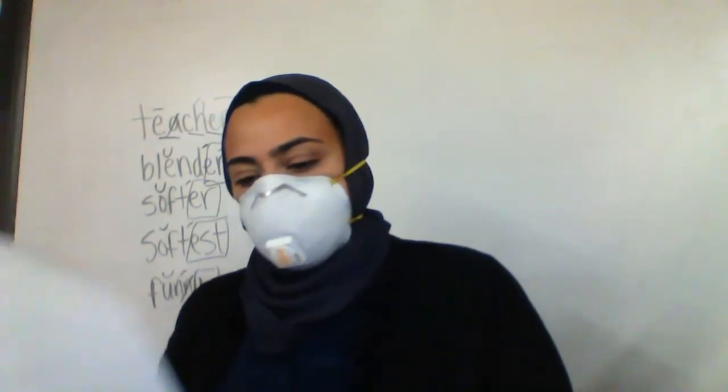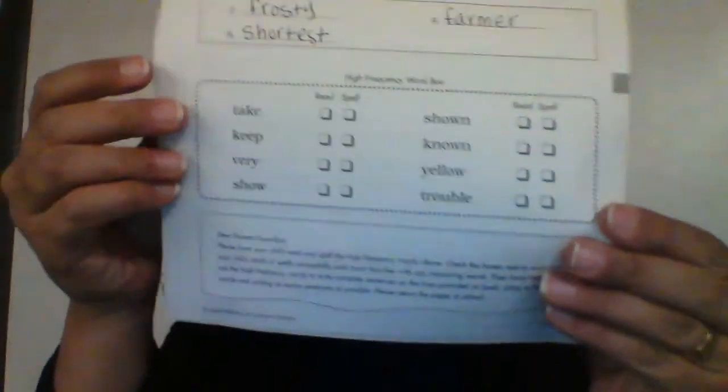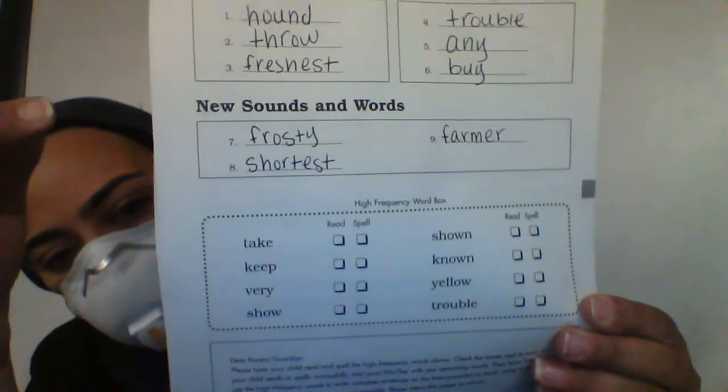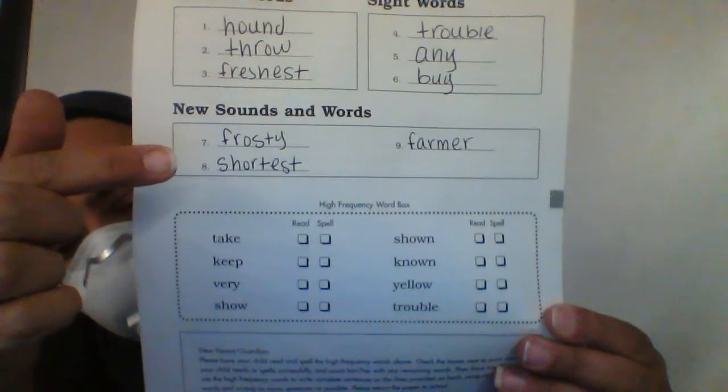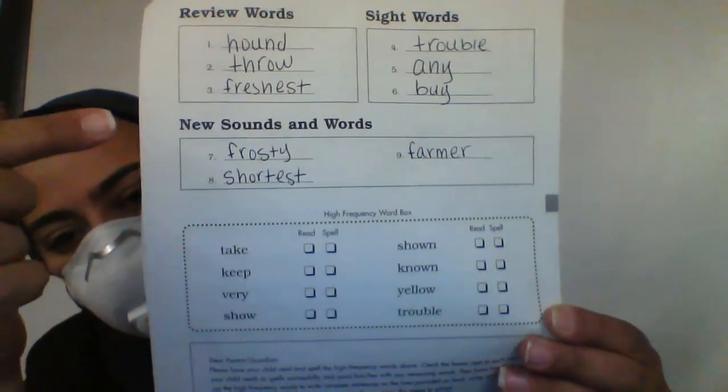Number 9, farmer. Farmer. This is how your paper should look. Frosty, shortest, farmer.